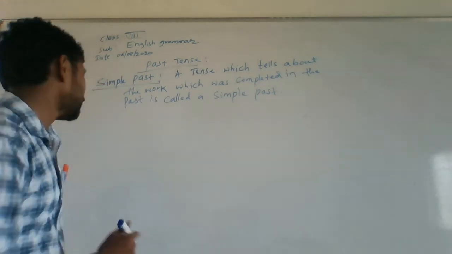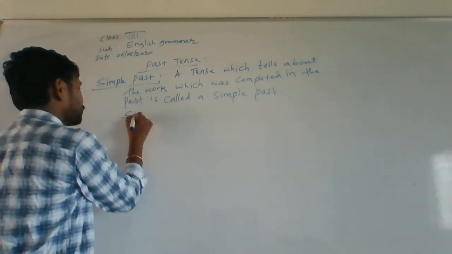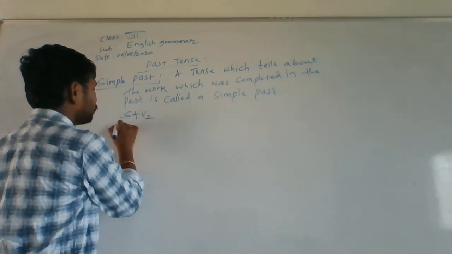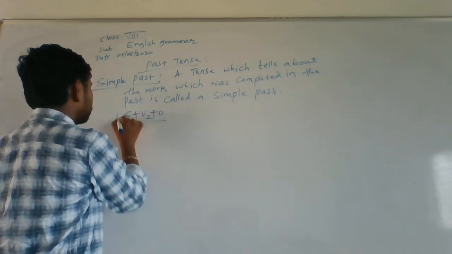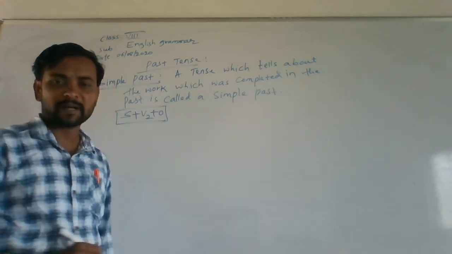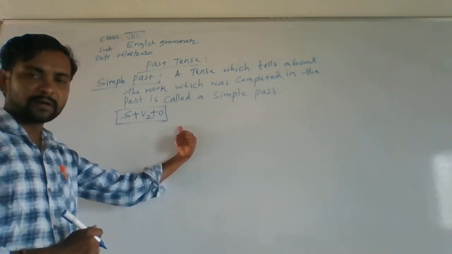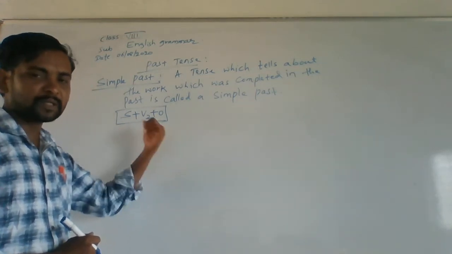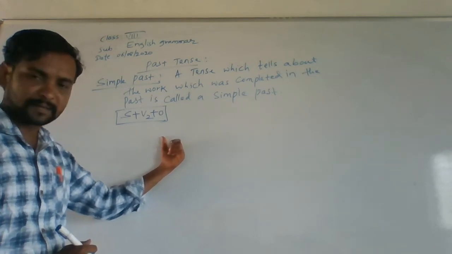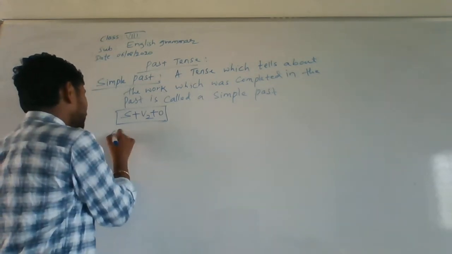Yes. Let's take the formula: subject, V2, then object. What is the formula of simple past? Subject, V2, object. We have to use V2 in a simple past. So, take the example.